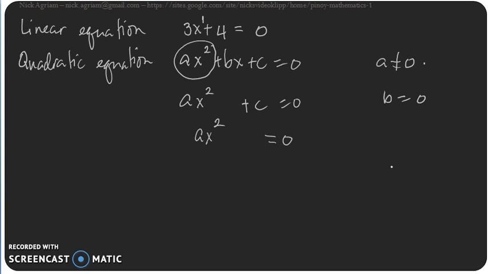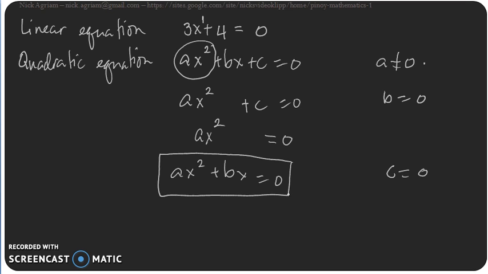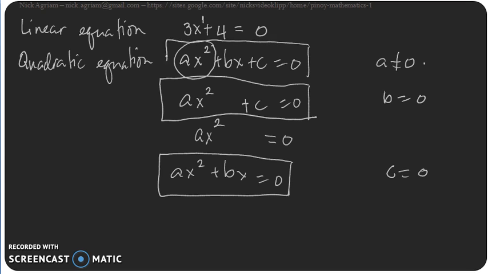But now I will be discussing when c alone is 0. So it will look like this: ax squared plus bx is equal to 0. These three have different ways to solve them. I will discuss them later.